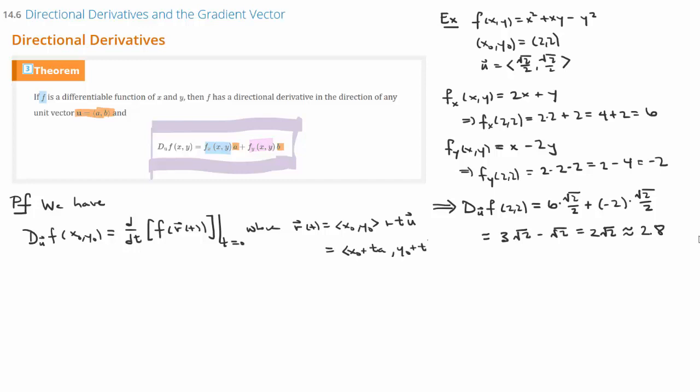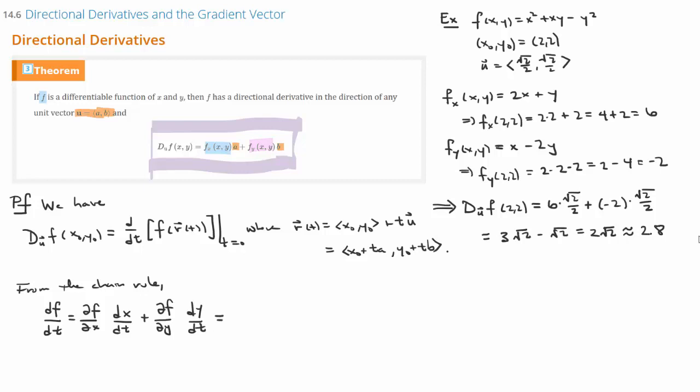Now if I want to take the derivative of a composition, then we have to use the chain rule. So if we apply the chain rule, then the derivative of f, thinking of it as a function of t, will be the partial of f with respect to x times the derivative of x with respect to t plus the partial of f with respect to y times the derivative of y with respect to t.